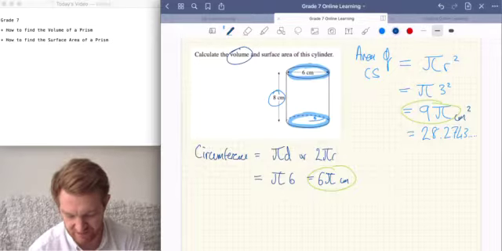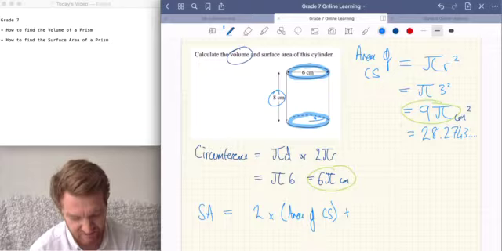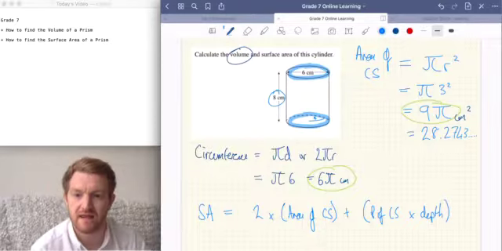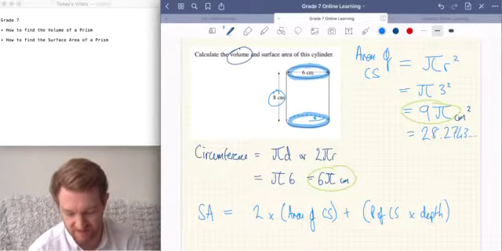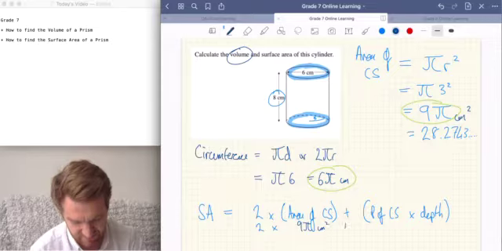If we wanted to do the surface area, or SA, we do 2 times the area of the cross-section plus the perimeter of the cross-section times the depth. Again, keep it in pi, makes it quicker to type into the calculator. 2 times the area was 9 pi centimeters squared. The perimeter was 6 pi.